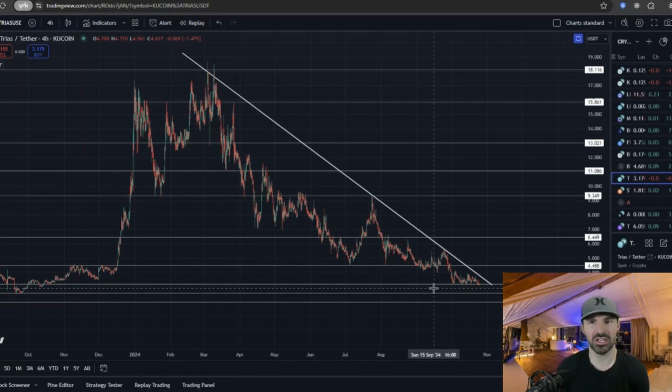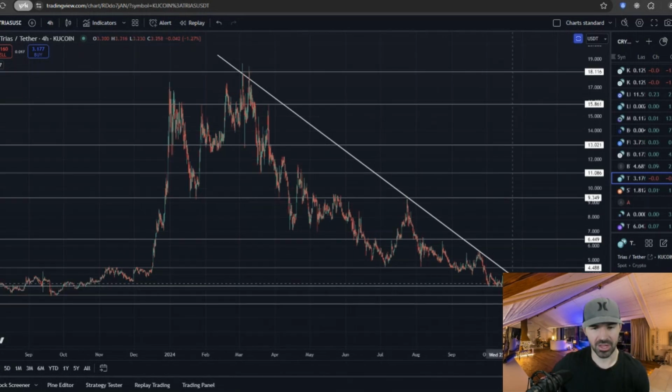And I do believe in the future, coming into early Q1 of next year, the migration will be completed, and there will be fresh liquidity on the exchanges for the new TEP20 version of Trias. And as you can see, it's very close to breaking out of this trend line. Now, I'm not saying that they can't sell off more, but I do believe that the bottom is very close to being in, if it's not in already.